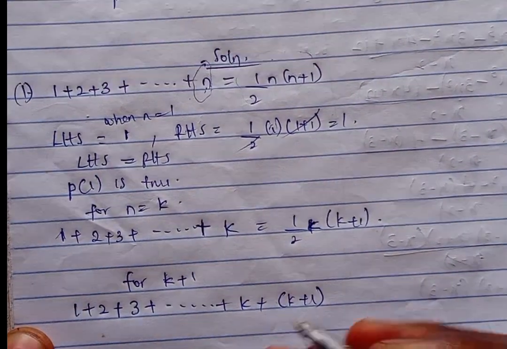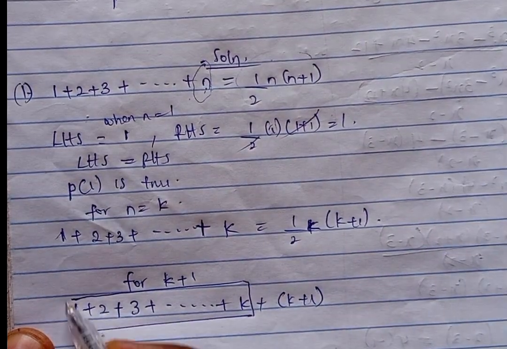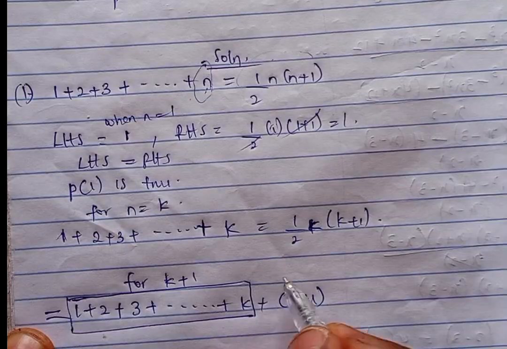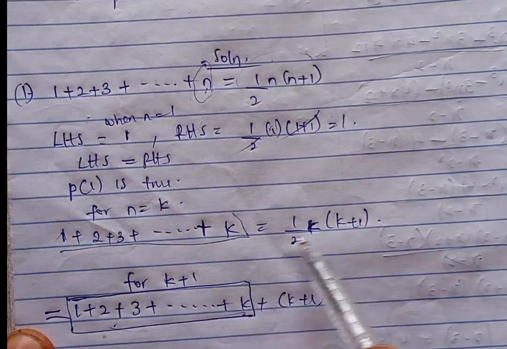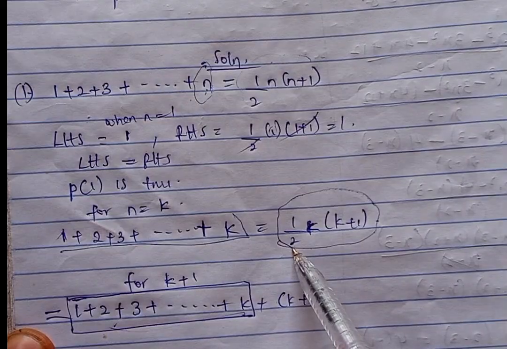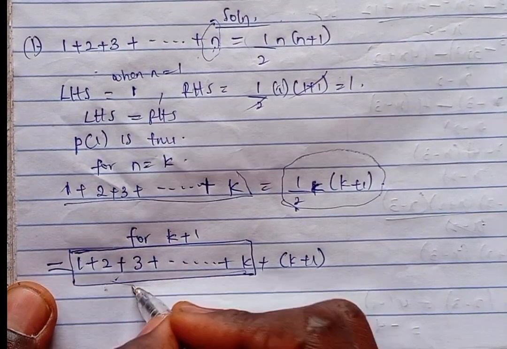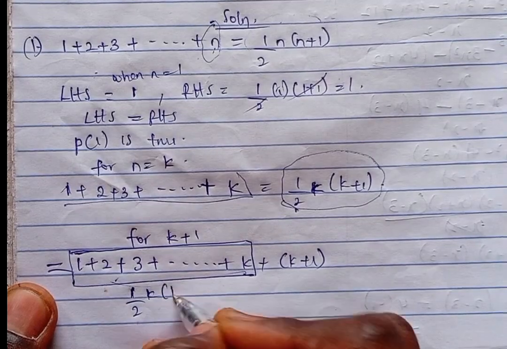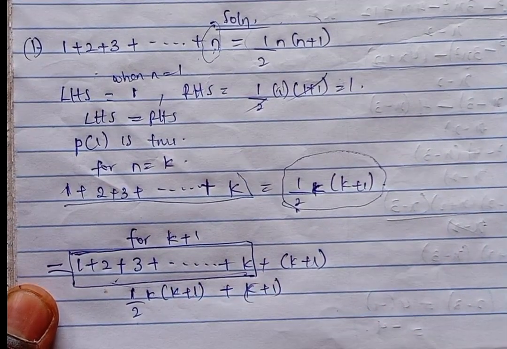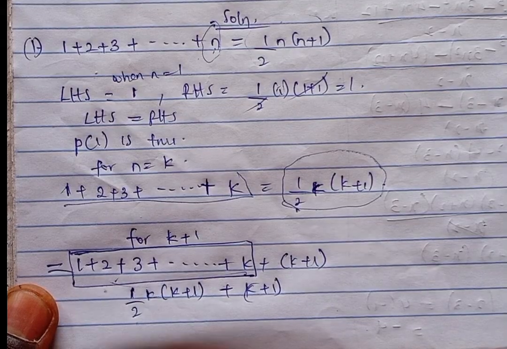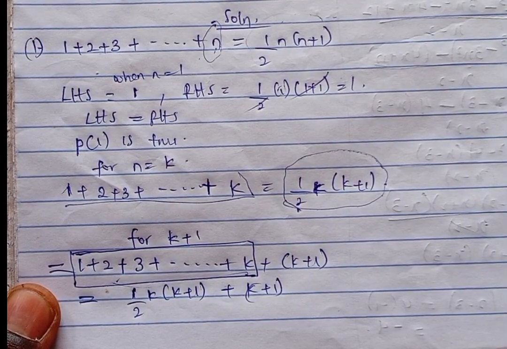Don't forget that the sum up to k is here, so it can be represented by this. So you have 1 over 2 k into k plus 1, plus k plus 1. And how will you prove that it is true?